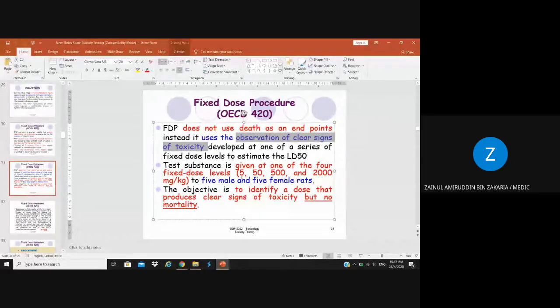So the fixed dose levels are 5, 50, 300, sometimes 2000; you can use 500 or 300 as the fixed dose level. And then you can use 5 male or 5 female rats. So the objective is to see the clear sign of toxicity, but no mortality.